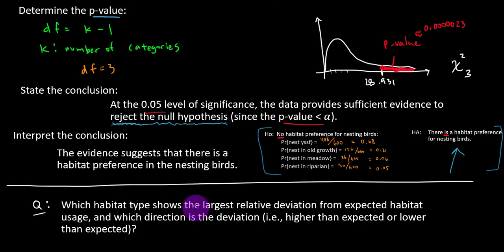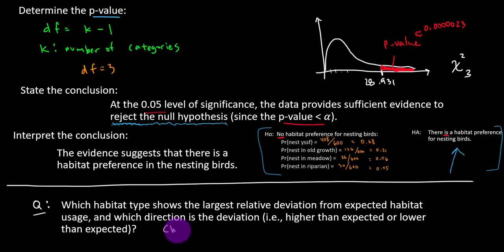Okay, I have a couple supplementary questions to ask. Which habitat type shows the largest relative deviation from the expected habitat usage? And which direction is that deviation? Okay, so this is where the chi-square contributions come into play.